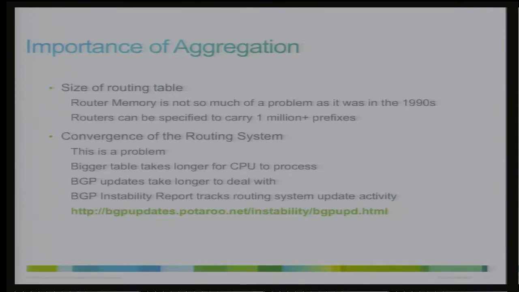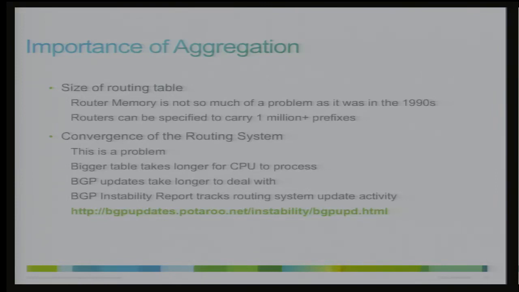Your convergence time is proportional to the size of your routing table. When you have a large routing table, you will have large events, and convergence will take longer. Since CPU speed is also increasing, newer routers can converge faster than they could in the past.